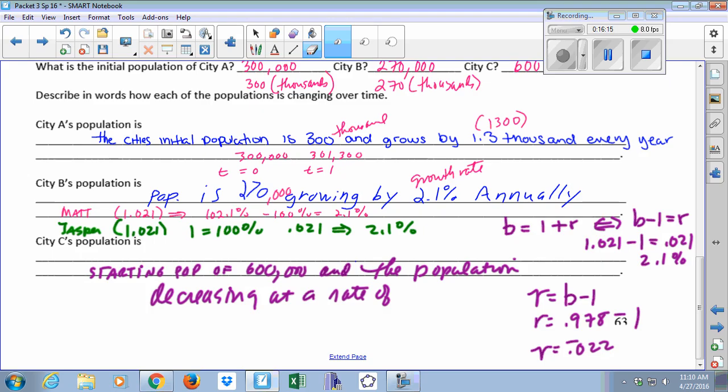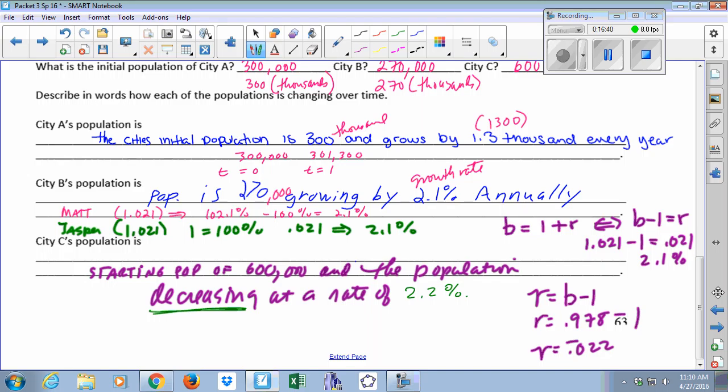And since I have this word decreasing here, if I'm writing it out and I use the word decreasing, when I write what my rate is, I don't put the negative in front of it. So I would say it's decreasing at the rate of 2.2%. If I ask you for the value of r only, you have to put in negative 0.022.